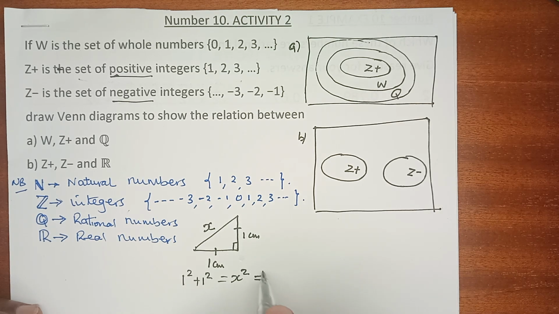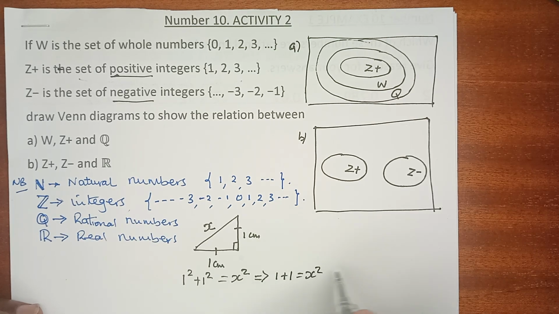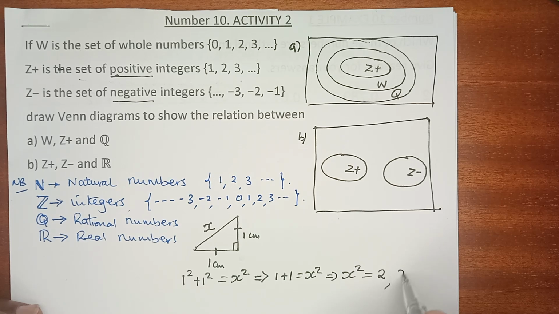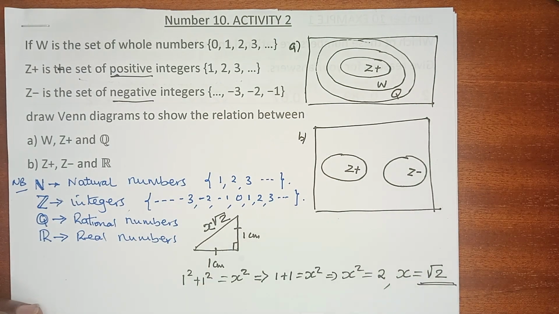This means that 1 plus 1 is equal to x squared, so x squared is equal to 2, which means x is equal to the root of 2. So it is true that this is the root of 2. It is real. We can have a triangle that exactly looks like this, and this hypotenuse is equal to root 2. It is real, and we cannot change that.